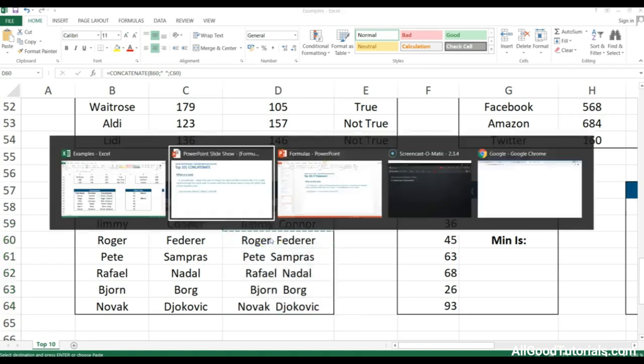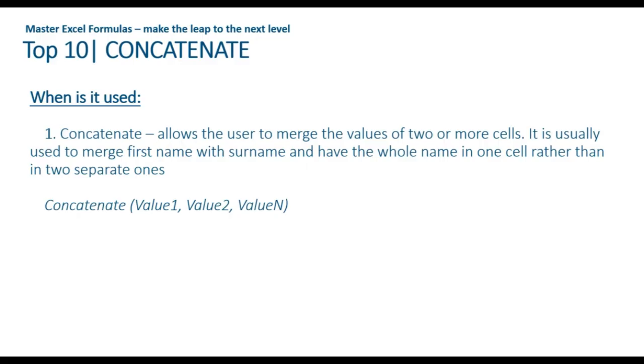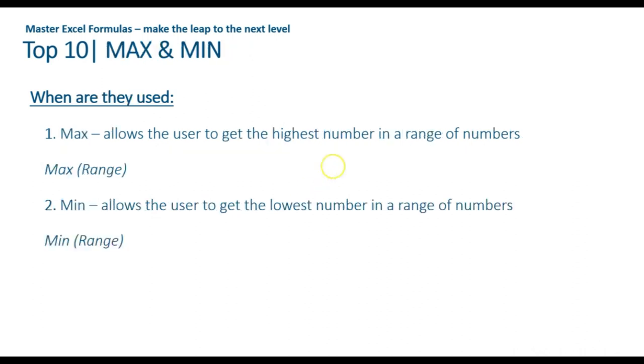Now going back to the slide again, the next set of formulas is MAX and MIN. So it's easy to guess what these formulas actually do. The MAX formula returns the maximum value for a specific range as the outcome here, whereas the MIN does the same but for the minimum value.